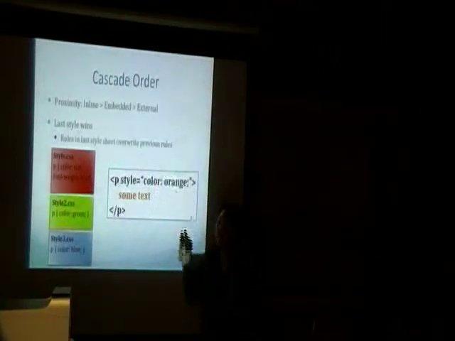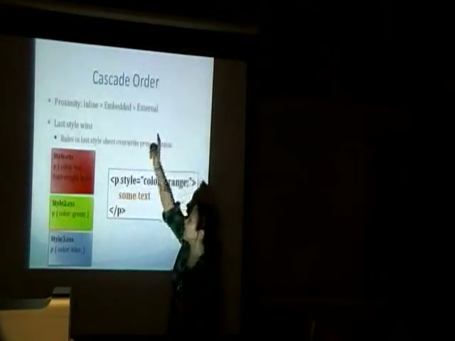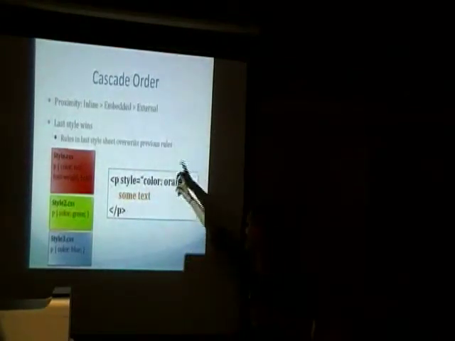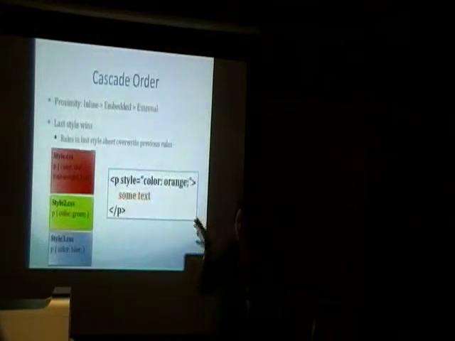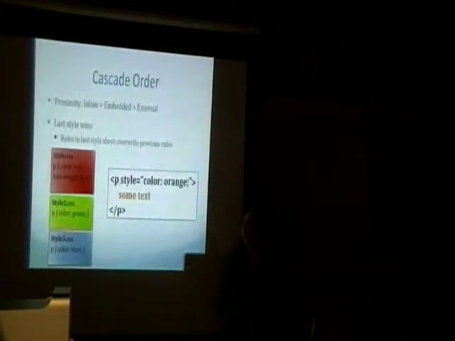It gives priority based on how close it is to the element. So obviously inline code is the closest you can get to the actual element, and after that is embedded and external. And for different kinds of external CSS files, the last style wins. So whatever you imported last will take precedence over the other ones, if specificity doesn't come into play.